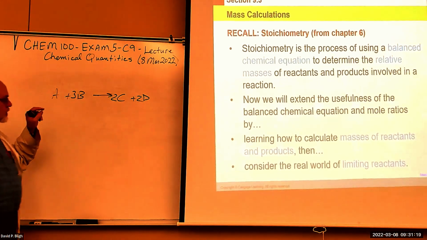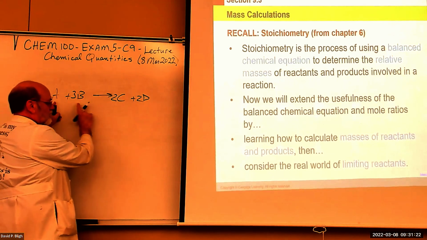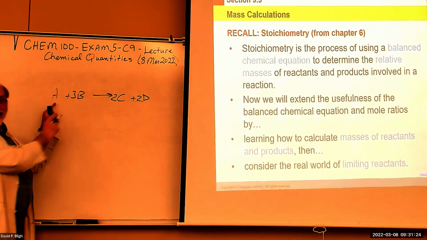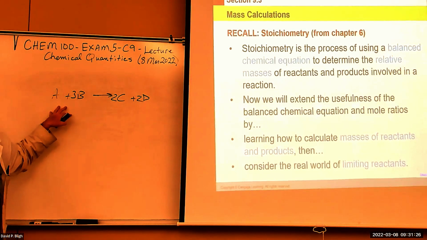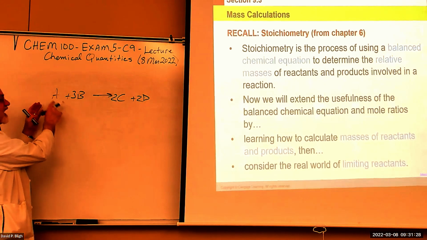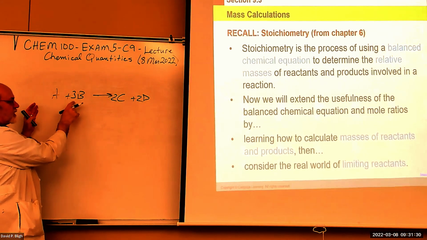The only way that you can go from here to there and have none of that left, it's all gone, is if you have exactly that ratio, 1 mole of A, 3 moles of B.